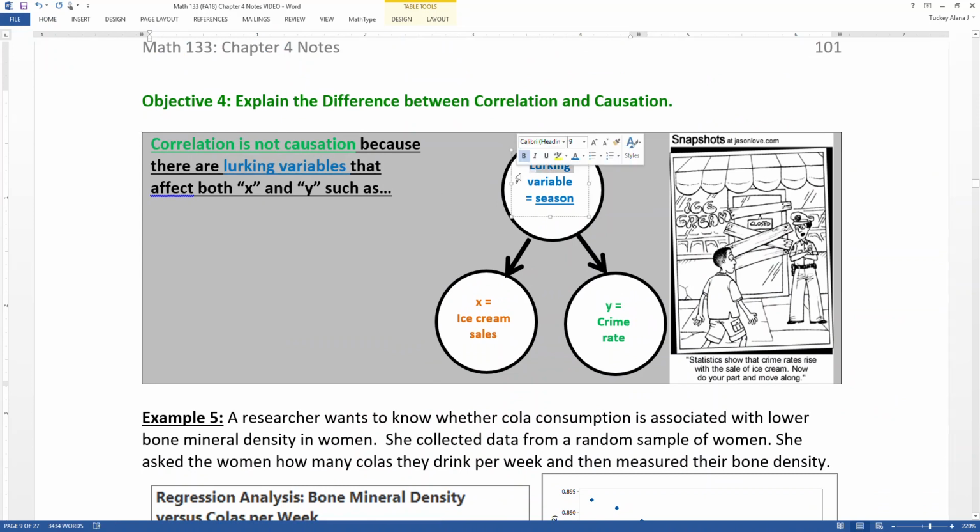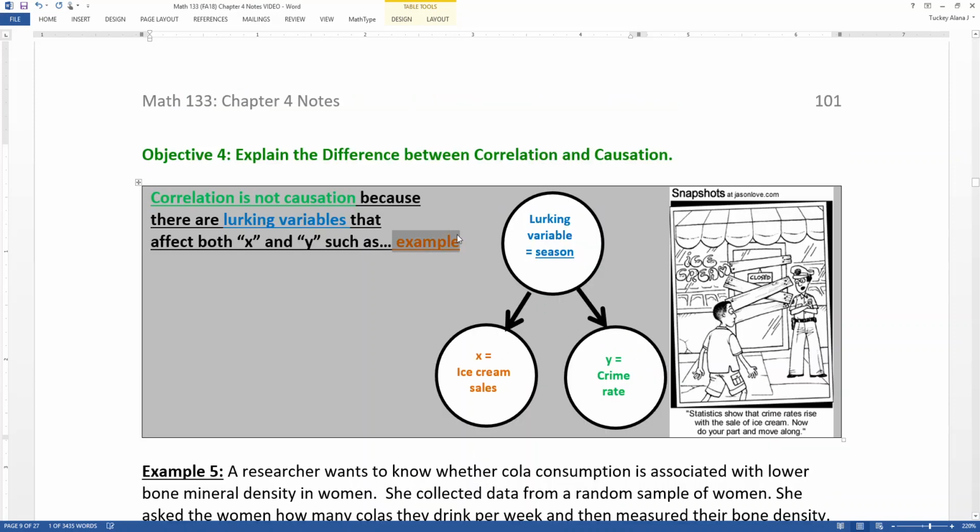Come up with at least one good one that affects both the X and the Y. And I'll just put example. So you could use season, I'll just put season, that way you can see it for this example. Season or poverty level or whatever. You're picking something.